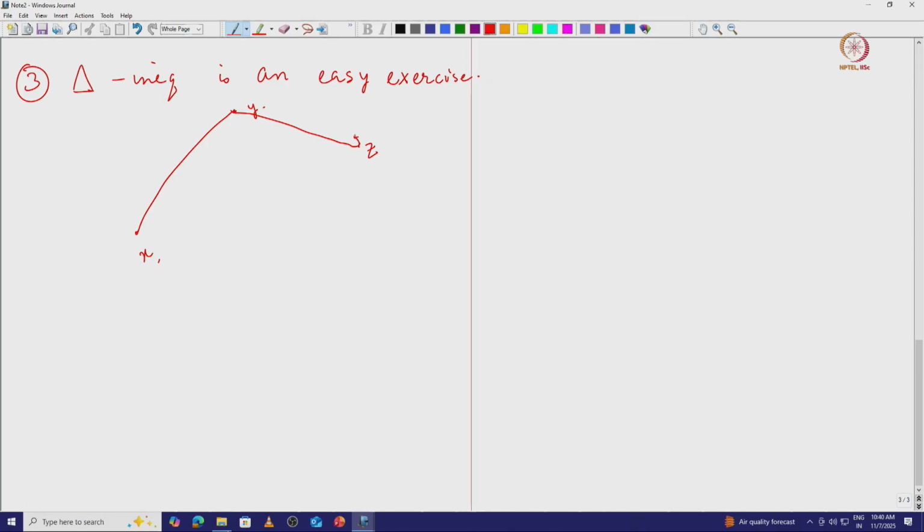The paths that go via y form a subclass of the paths from x to z. So if you take an infimum, the infimum will be smaller than the infimum over the lengths of paths from x to y plus the lengths of paths from y to z. So that is essentially the triangle inequality. I'll let you fill in all the details.